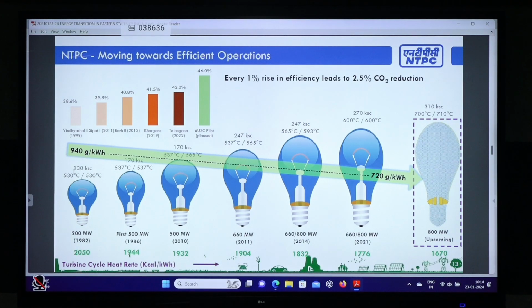Our mainstay in India is the 500 megawatt turbines, having a carbon footprint of roughly 950 grams. Now we have reached 720 grams.